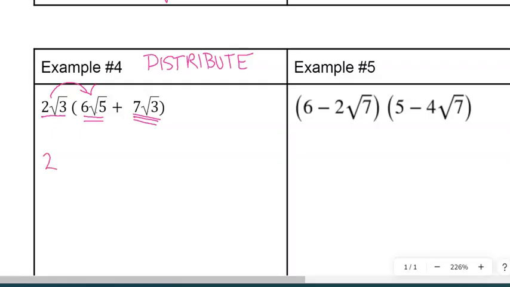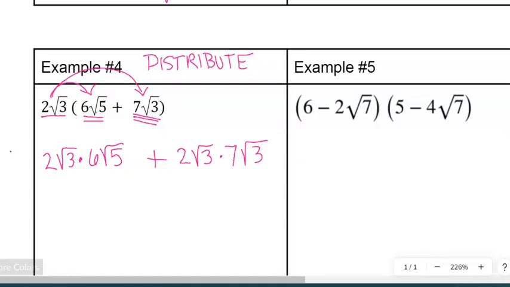So we've got 2 root 3 times 6 root 5 plus we're going to multiply 2 root 3 times the second term. And I'm just going to write it out for now. You can see how some of these problems can get pretty complicated if you're trying to do it all in your head or skip some steps, so I don't.